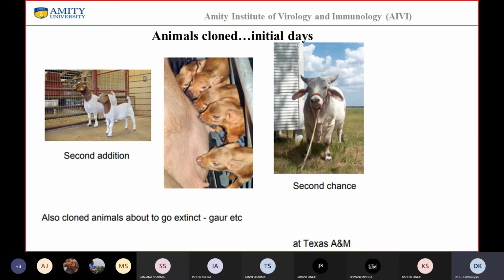If you go to Wikipedia on animal cloning, you will see a huge list of animals that have been cloned in subsequent years. That means the technique by which this can be done has become so widely standardized that it is more or less uniform.